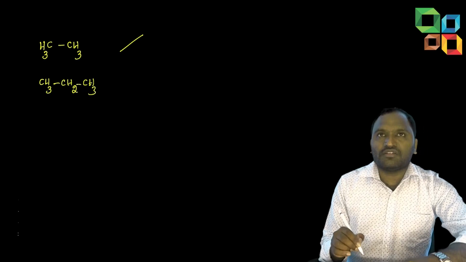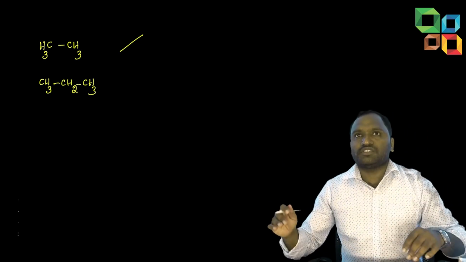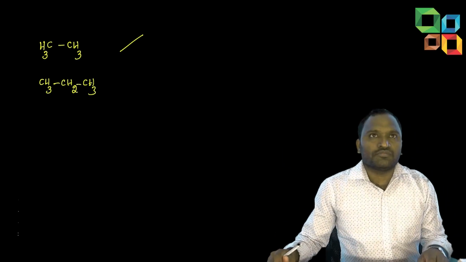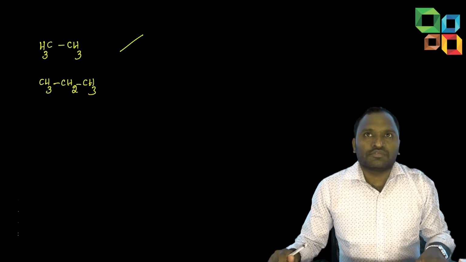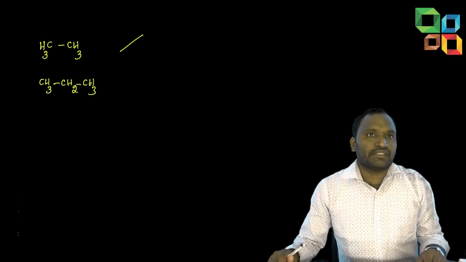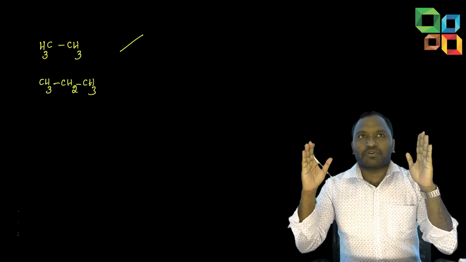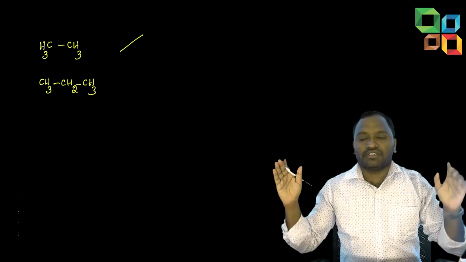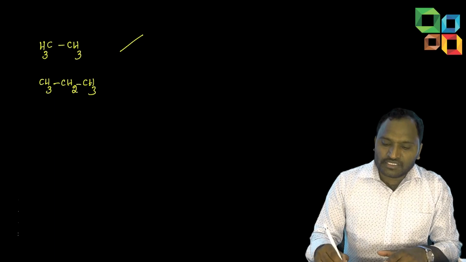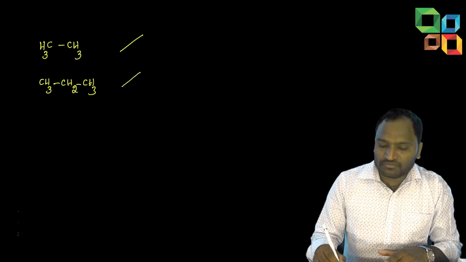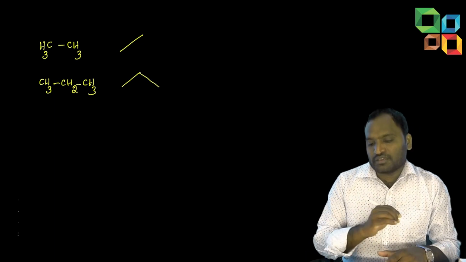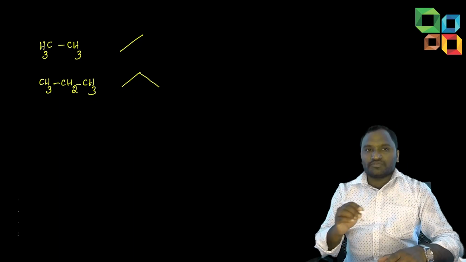Ethane means a small line, propane a little bigger line, butane. Don't do like that. We can't make out by drawing big lines and small lines.